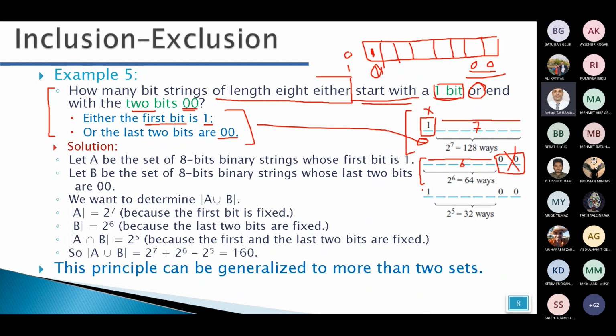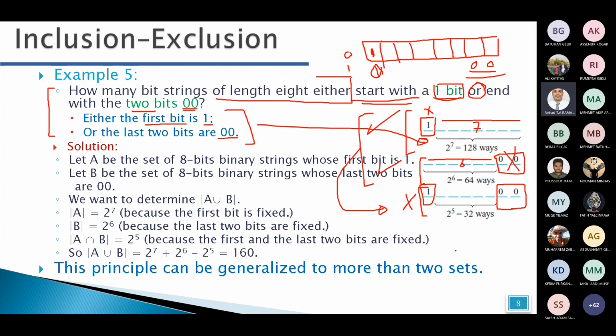And the third one is the common, shared case: first digit 1 and last 2 digits 0, 0. We need to subtract how many ways if we have first digit 1 and last 2 digits 0, 0.